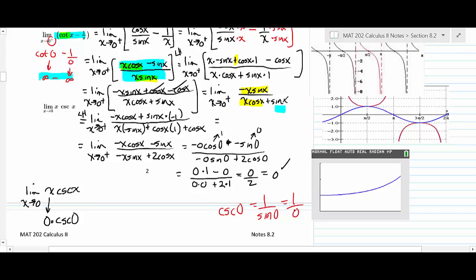You're undefined, therefore you have an asymptote. So if you traced along this graph of a cosecant, as you're going to 0, where's the graph going? It's going to infinity, right? Again, you're closing in on an asymptote, so you're going to infinity. So that means that what we have is 0 times infinity.